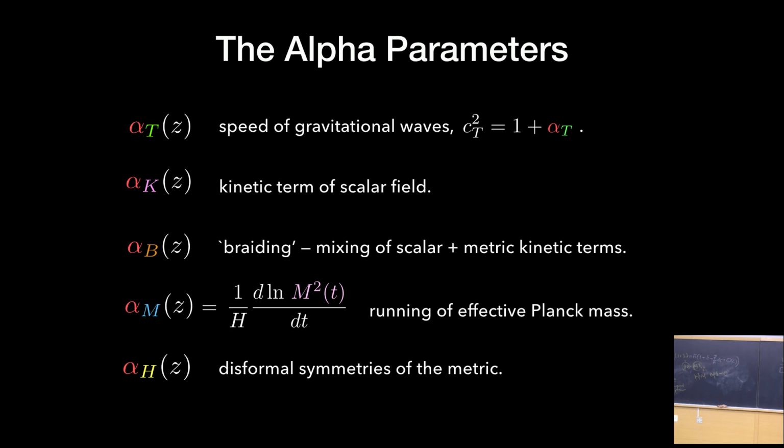Now, the problem here is that what I've put forward for constraining is a 4 or 5 dimensional functional parameter space. These are not constant numbers, they are functions of redshift. So that is a big ask to constrain, right? There's a lot of freedom there.